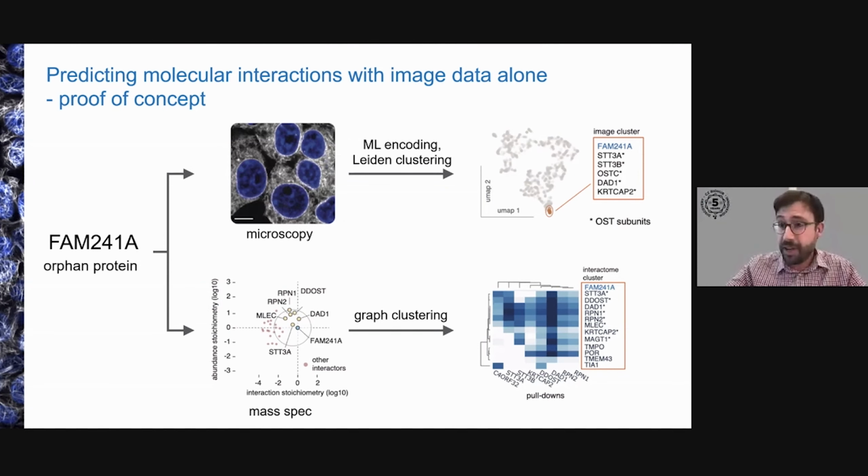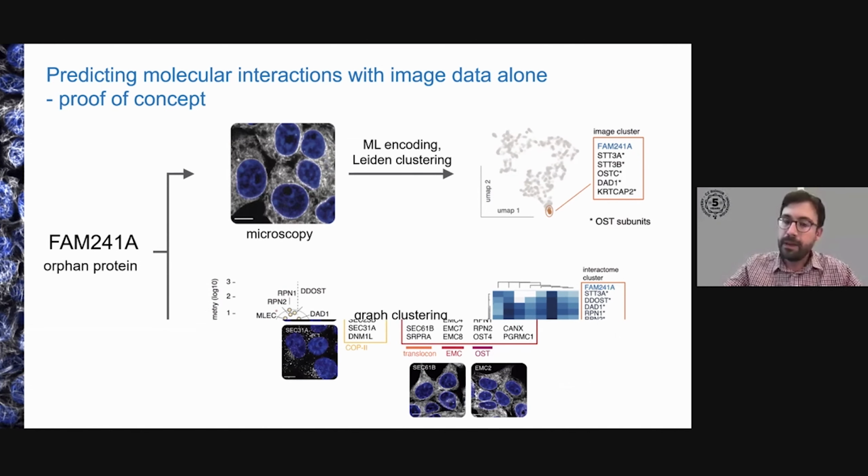And very satisfyingly, when we did the control experiment, which is doing classical interaction proteomics, this is shown at the bottom now, we came up with exactly the same answer. So it is indeed possible to predict molecular interactions with imaging data alone.